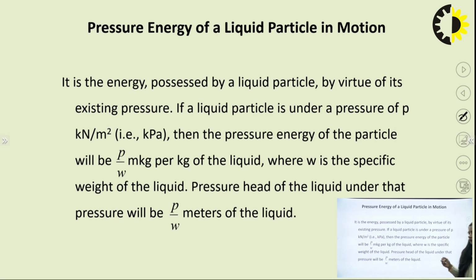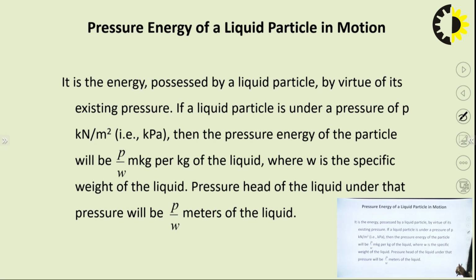Whatever pressure is involved in a flowing fluid, because of that the fluid is flowing. Because of that involved pressure, we are going to take it into consideration under the category of energy. That will be called your pressure energy.